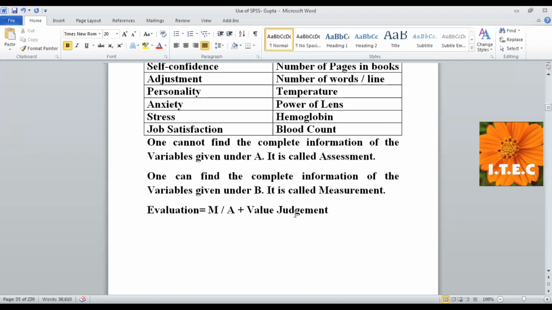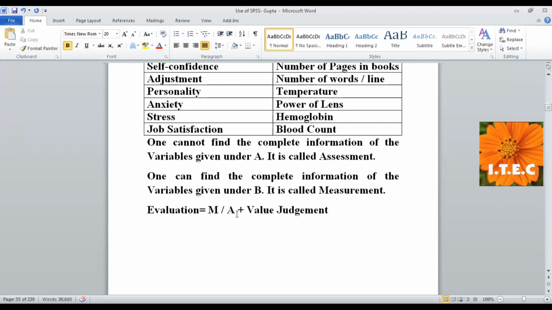When the doctor tells the patient that you have high blood pressure, the doctor has measured the blood pressure and it is beyond the particular cutoff, so he says the value judgment is high blood pressure. When you tell the student that you have passed the exam, it is on the basis of the marks.